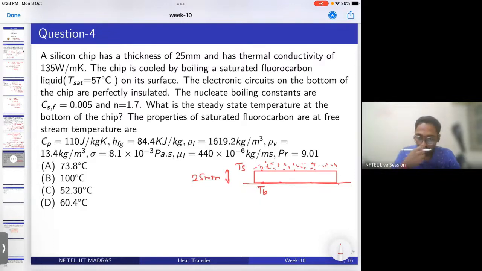So we need to find out the steady state temperature of the bottom of the chip. We can assume these temperatures are isothermal.